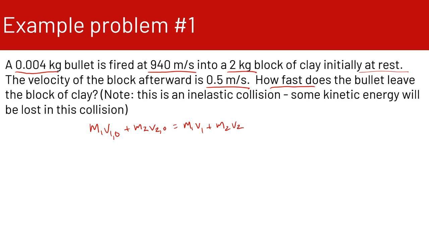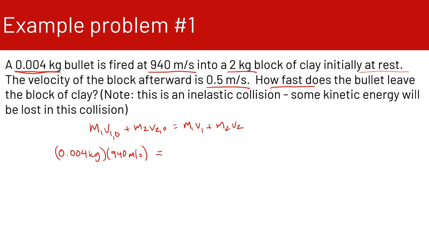Okay, so let's plug everything we know into our equation. m1 is the mass of the bullet, 0.004 kilograms, times velocity 1, which is 940 meters per second. And the velocity of the block is 0 initially, so that equals 0.